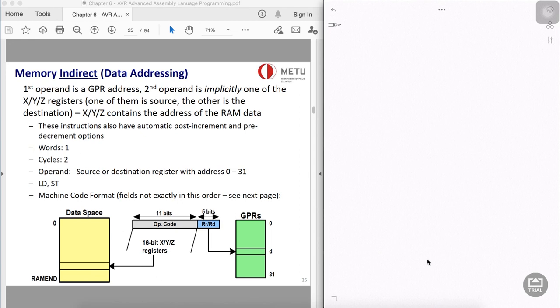So let's say we have got the register, 15 down to 0. It can be the X, Y, or Z register. Now we have got the data space.